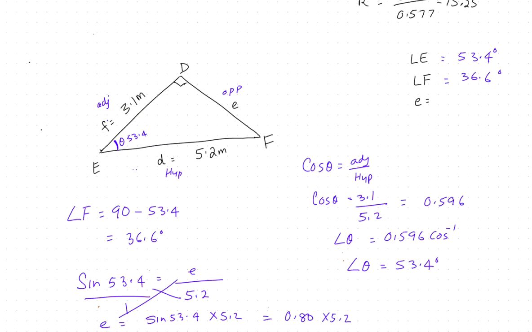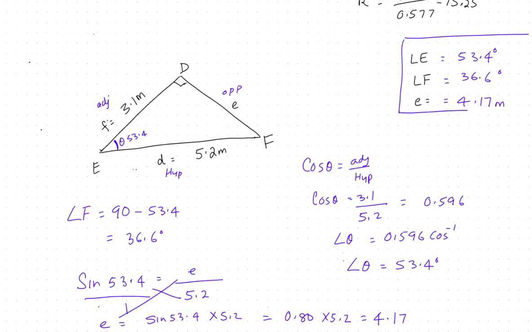That is 4.17. Sorry, 4.17 is E. And the unit is meters. Everything is given in meters, so the answer is in meters. So this triangle is solved because we know the three sides and we know the three angles.